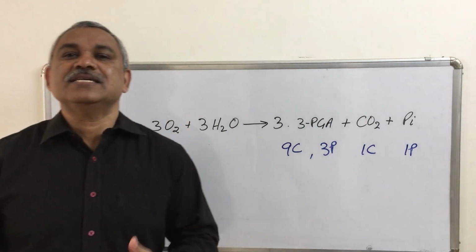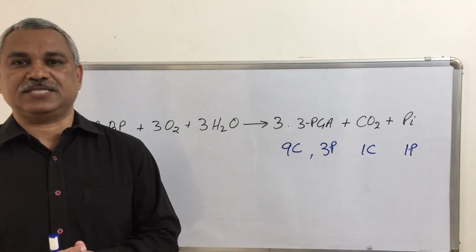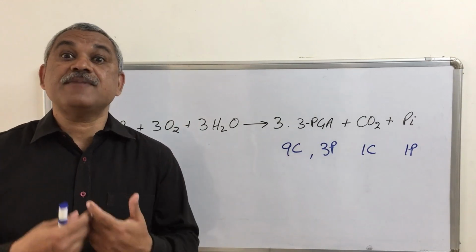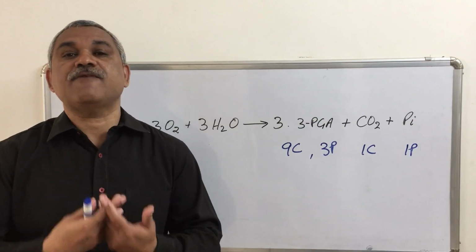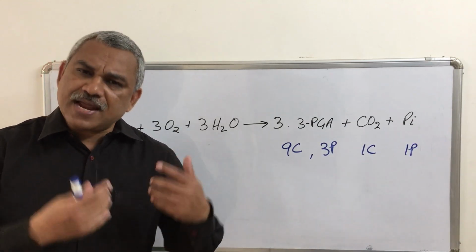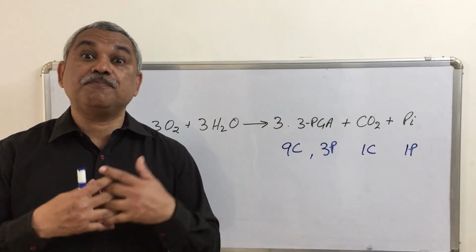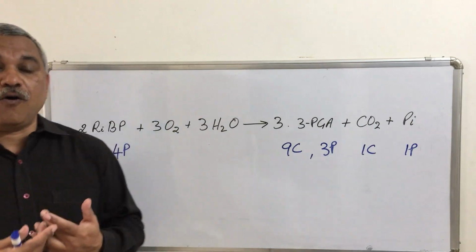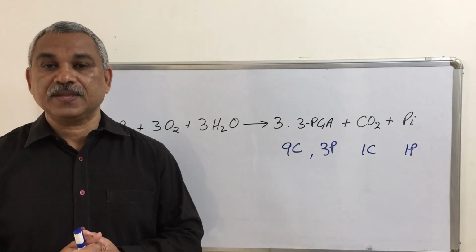Now we look at certain important aspects of this C2 photosynthesis. Initially we began by saying that we are not seeing any positive aspects in this C2 photosynthesis. In the latest research that has been carried out, several proofs have been given for some of the advantages of C2 photosynthesis.